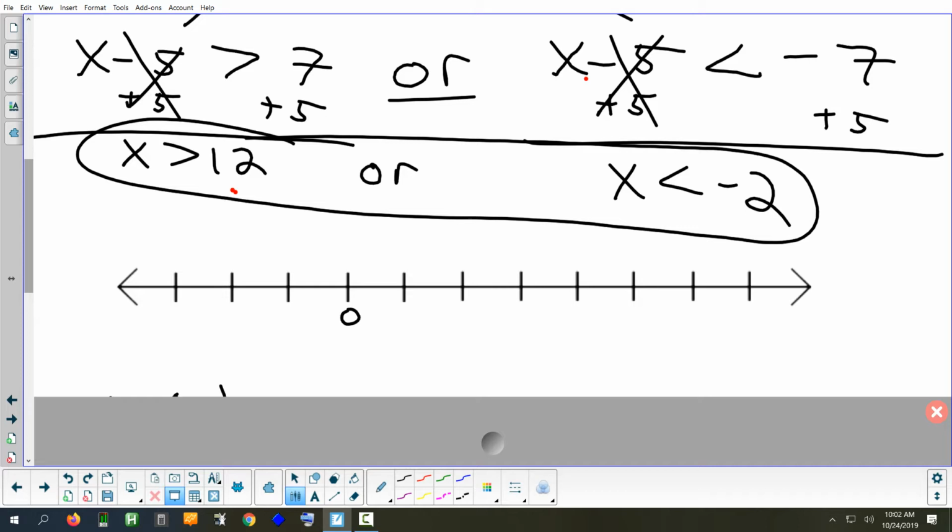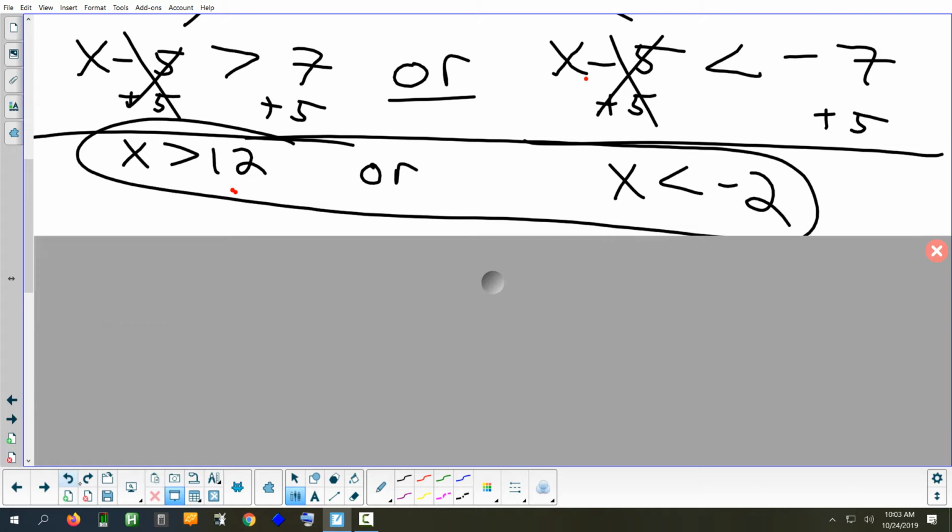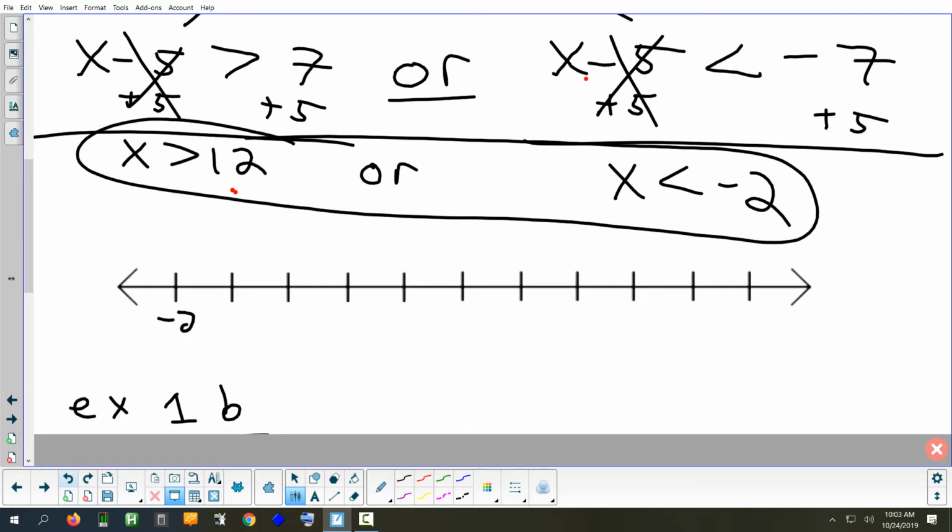Don't write this down. You can't do that, because you're saying from here to here is 12 units, and then you're saying this is only 2, and they look the same width to me. Why are you saying one is more than the other? I think the way you should do this one is like this. Let's go negative 2, 0, 2, 4, 6, 8, 10, 12.